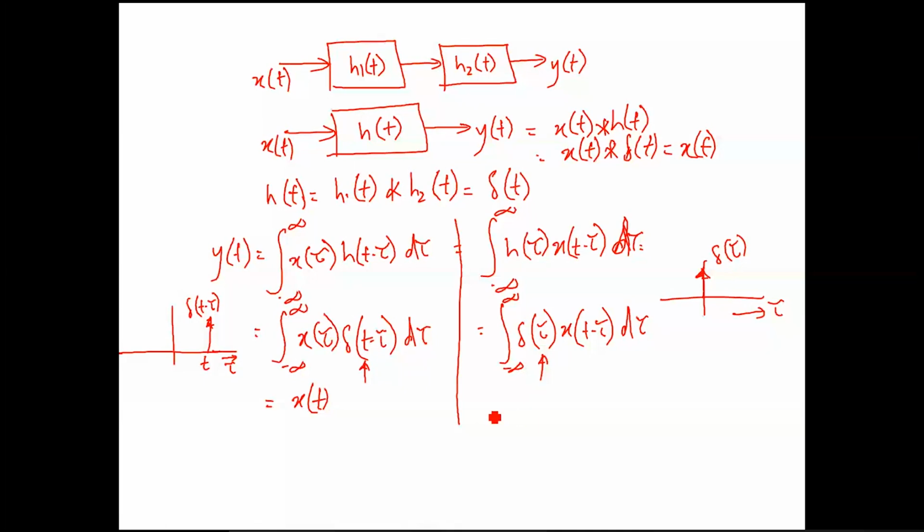Same if you see here, this impulse has value only at tau equal to 0. At tau equal to 0, this is 1, and at tau equal to 0, this is x of t. So this shows us another thing: inside an integration, an impulse is a function whose value exists at one point only.